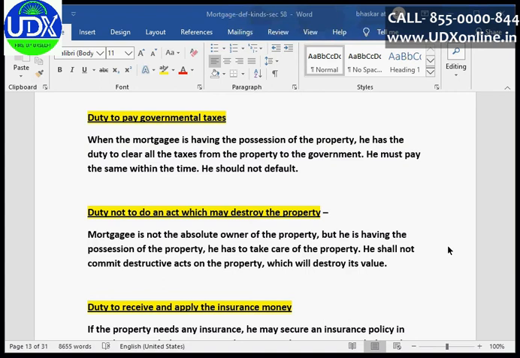For example, consider an agricultural land, a kind of a farm, and there are valuable trees in that farm.